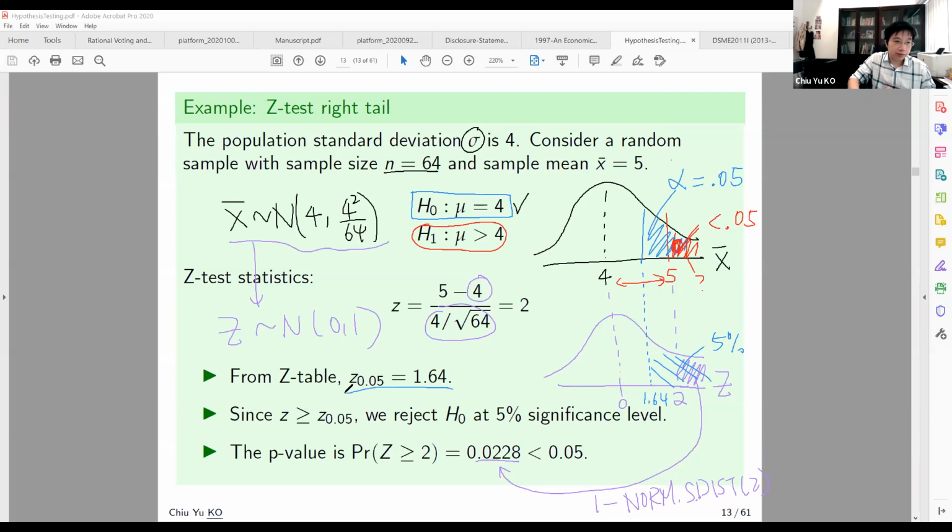This is coming from norm.s.inv of 0.95. Do this, and you figure out 1.64 is left of 2. So that means this area is 5% and the purple area is less than 5%. So that's why you reject. Is that okay for this one?